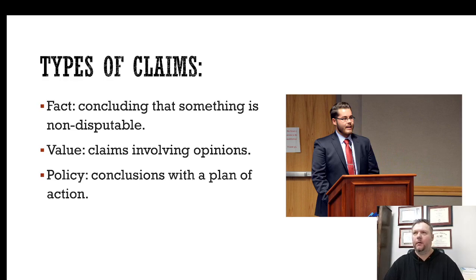Well, let's take conclusions of value involving opinions or morals or things like that, right? What's right or wrong? Our beliefs about what's right or wrong are usually also a reflection of what we think the facts are, right? So, in other words, we have to agree on the facts before we can agree on the morals.